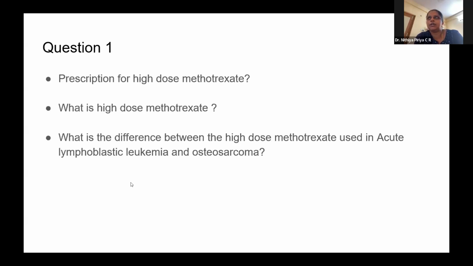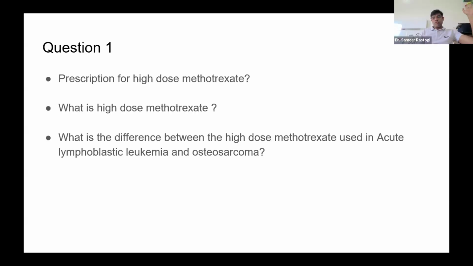When the urine is alkalized, we start the high dose methotrexate along with the IV and oral hydration and alkalization also. We keep checking the pH every 6 hours. If the infusion is stopped, we check the methotrexate levels, and concurrently we start on leucovorin.